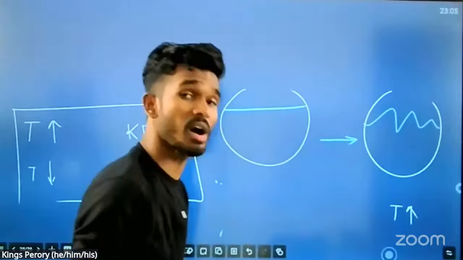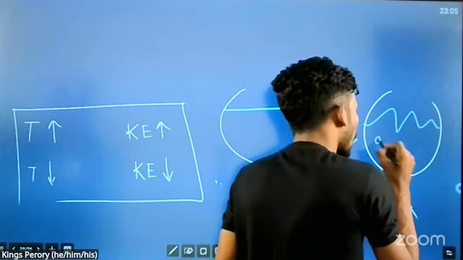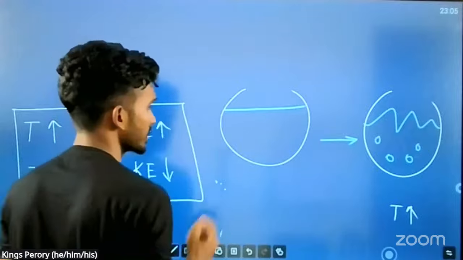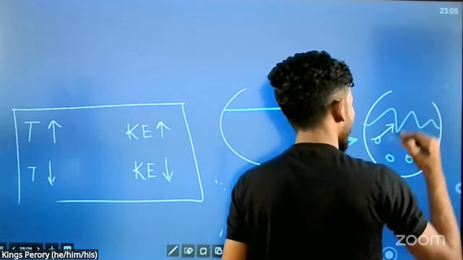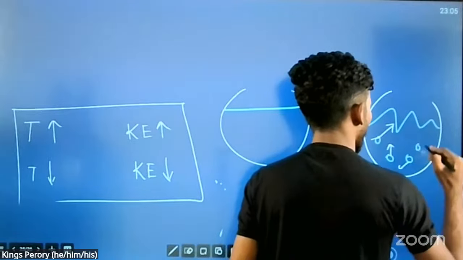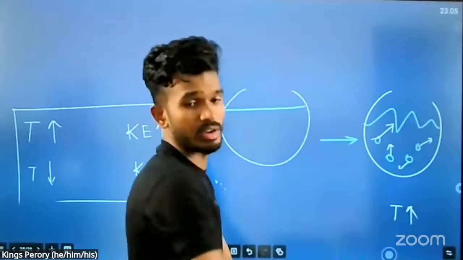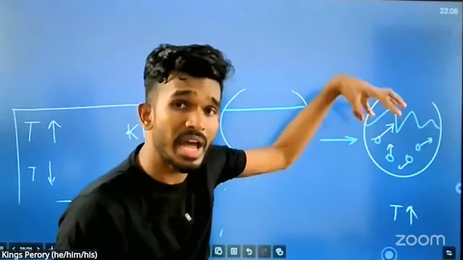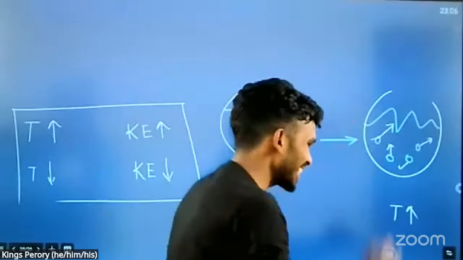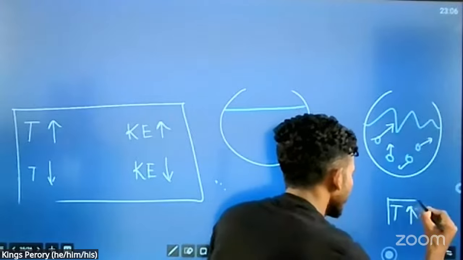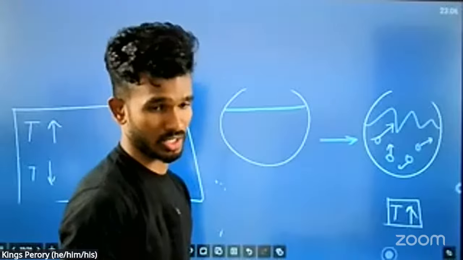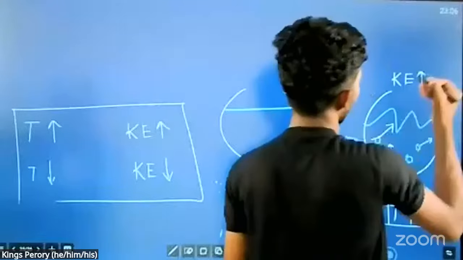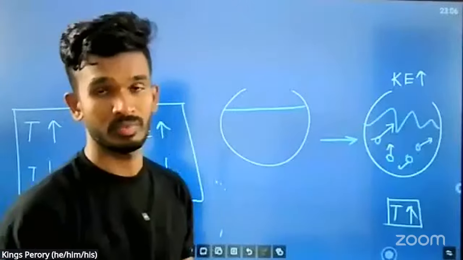Why is it dancing up and down? Because the water particles inside it are in random motion, here and there. Why are the water particles in random motion? That is because when you increase the temperature, kinetic energy of the particles increases.